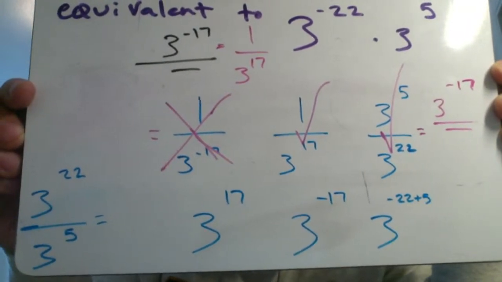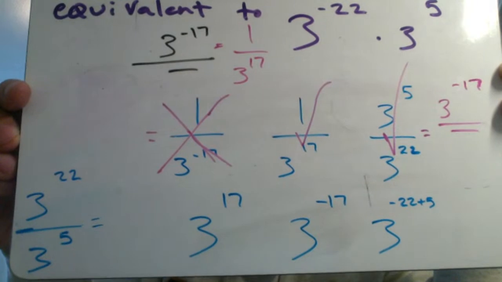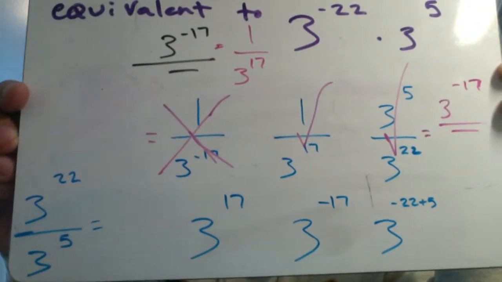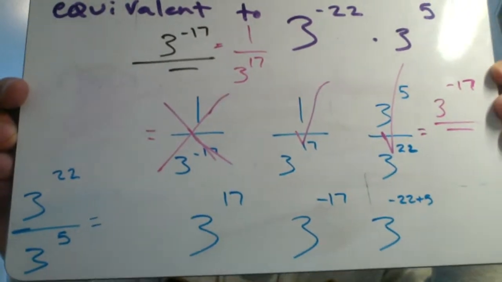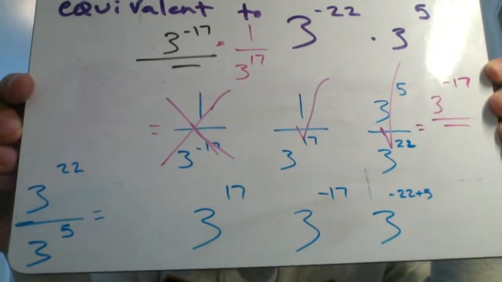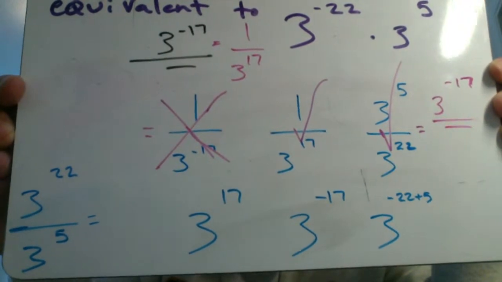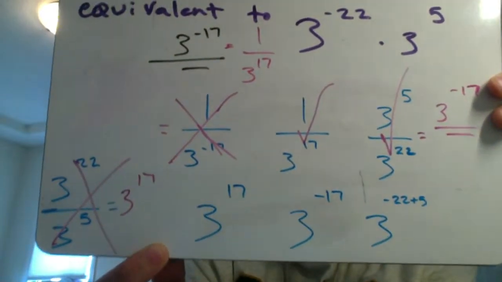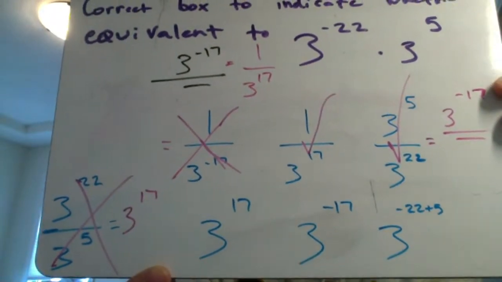Notice your bigger base and exponent is in the numerator, and your smaller term is in the denominator. Right? So this one's actually 3 to the positive 17th. So this one does not work. 22 minus 5 is 17, so you get 3 to the 17th.